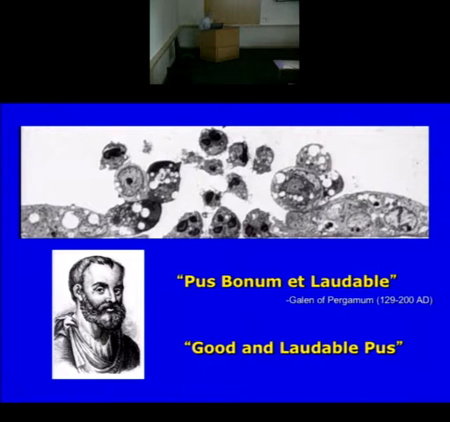Those that did not, did not heal and did not resolve. And he made this observation and became very famous for his statement of good and laudable pus. Unfortunately, he fell from favor when he began to introduce foreign objects into tissues to induce pus, which was the first description of sepsis.